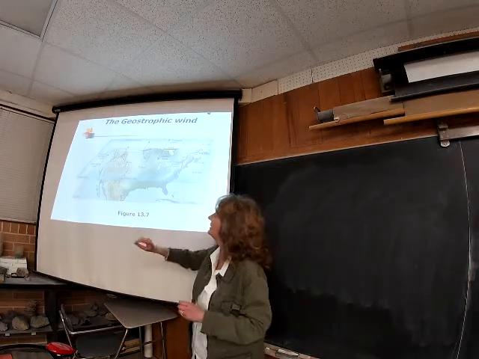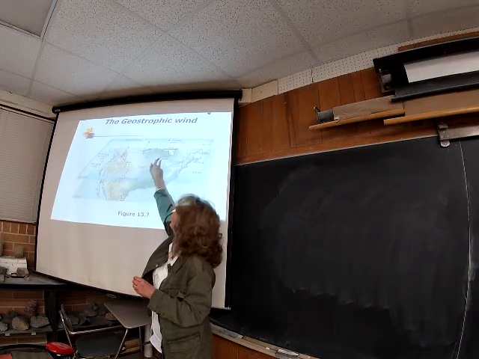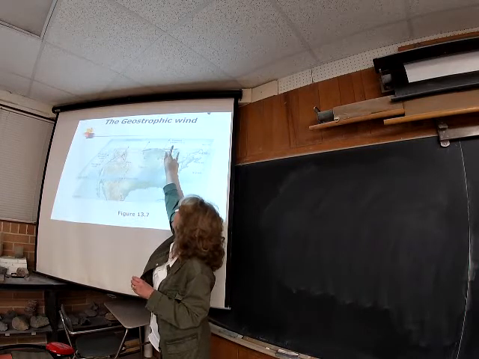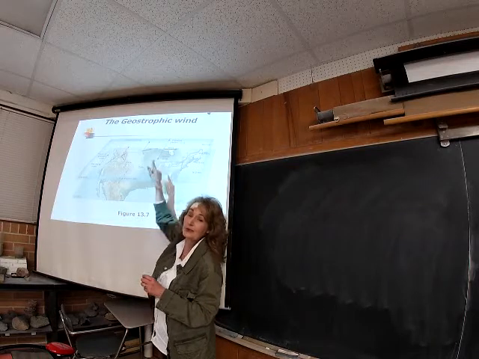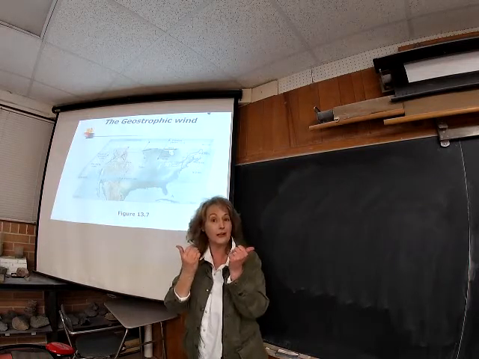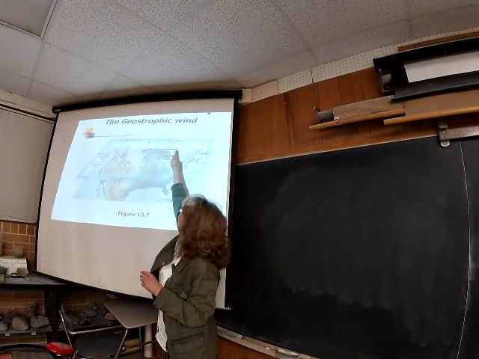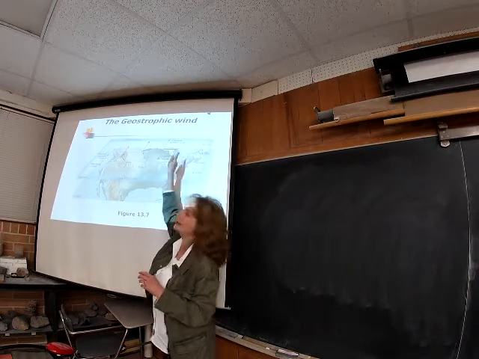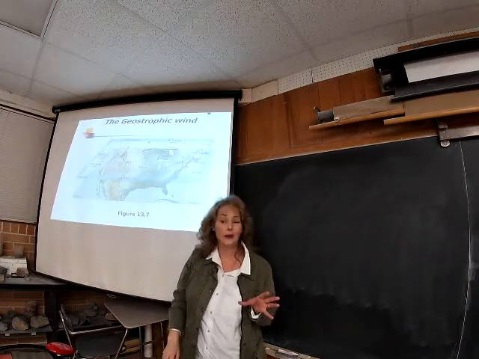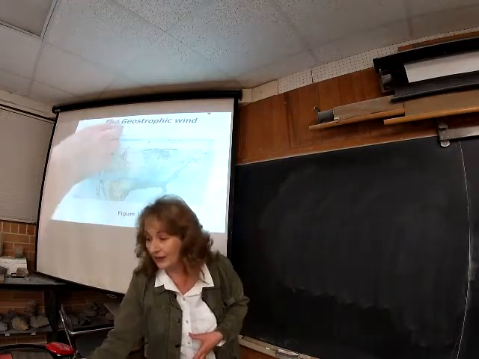And so once we get the resolution of the pressure gradient force and the Coriolis force, the red arrow and the black arrow, those oppose one another when it's resolved. And the wind direction, as you can see, goes parallel to our isobars. That's what they were talking about. This is called the geostrophic wind.